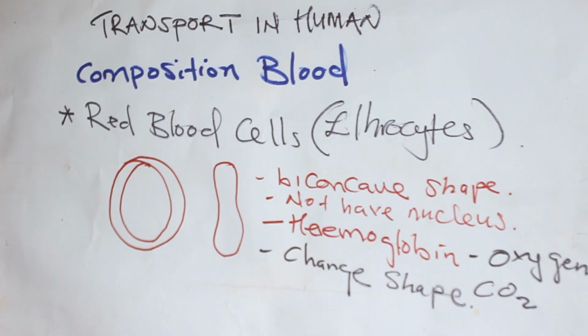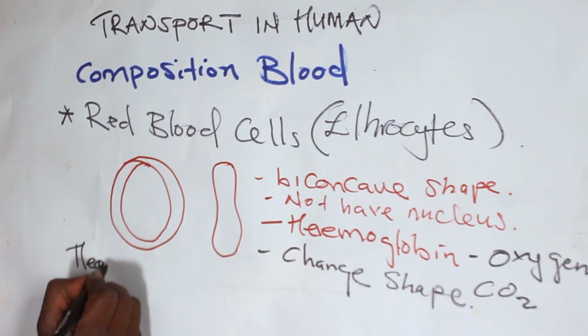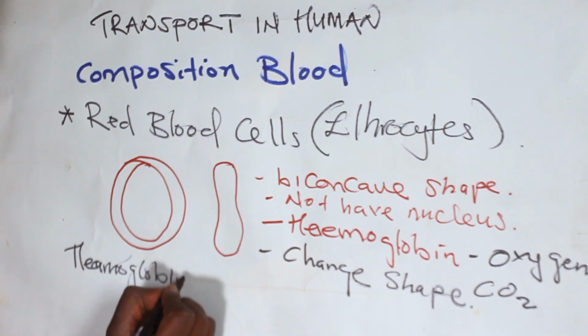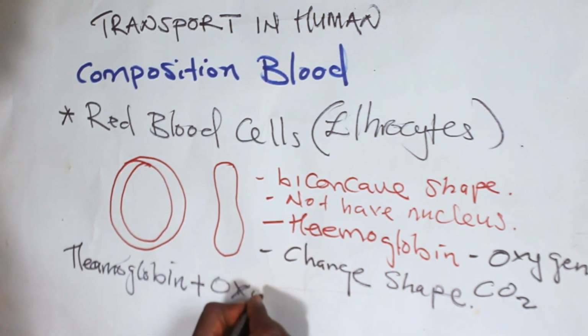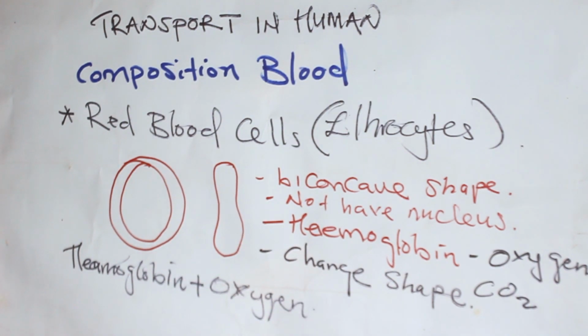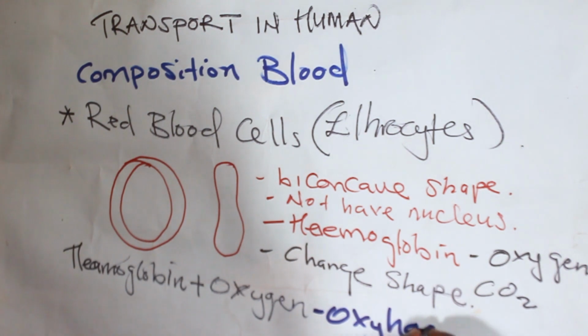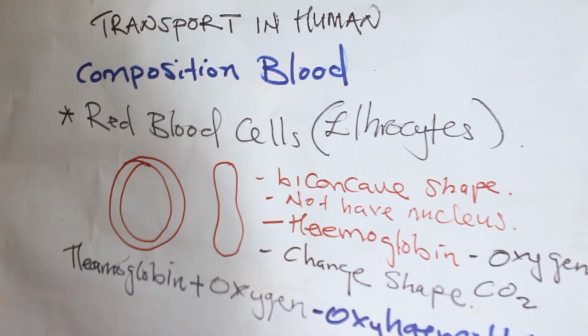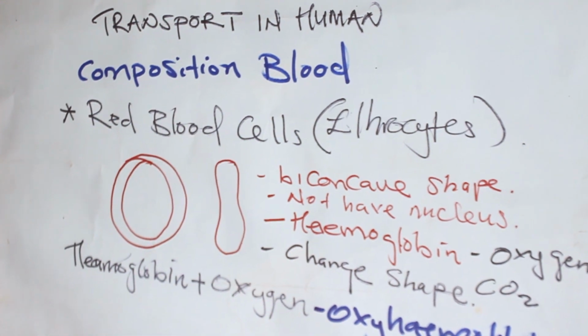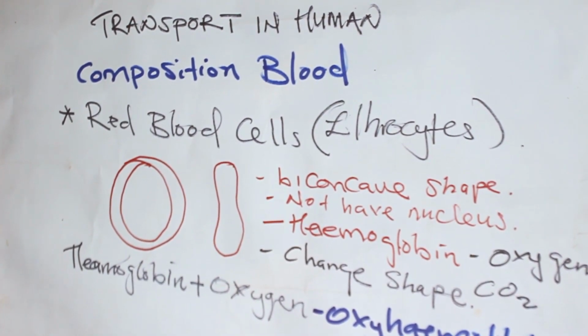So when the hemoglobin is bound to the oxygen, it forms what is called oxyhemoglobin. So that is what is formed.